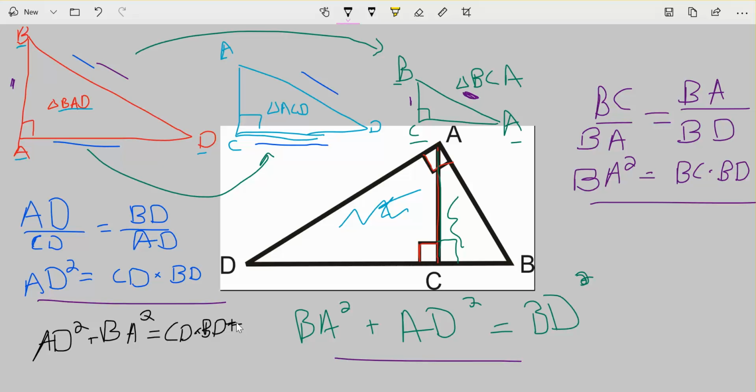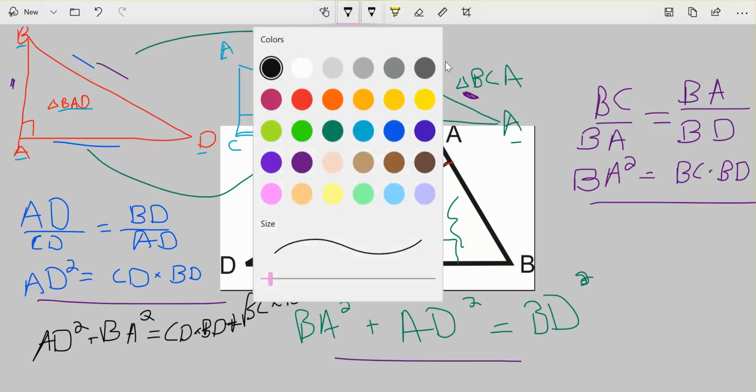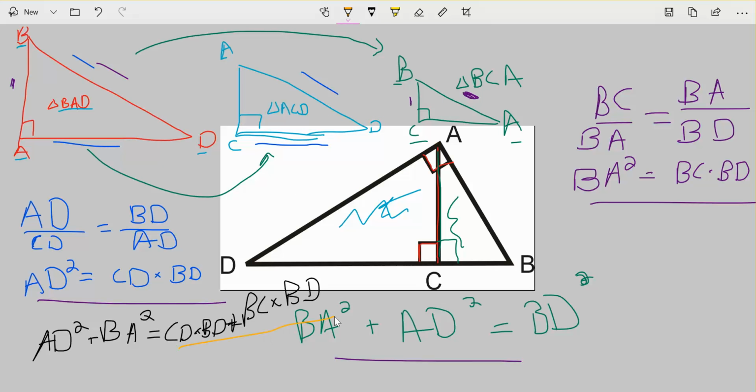I'm so sorry, my handwriting is awful. Now I notice that I have a BD in both of these, so I'm going to factor that out, and I'm going to get BD times CD plus, I should say, I'm so sorry, let me fix that. Sorry about that.